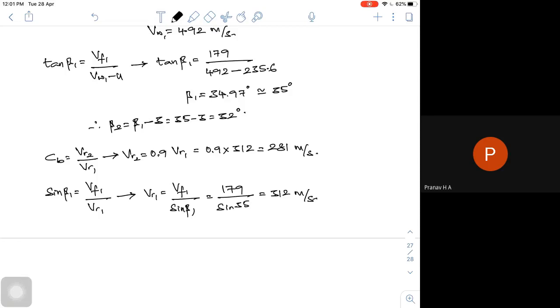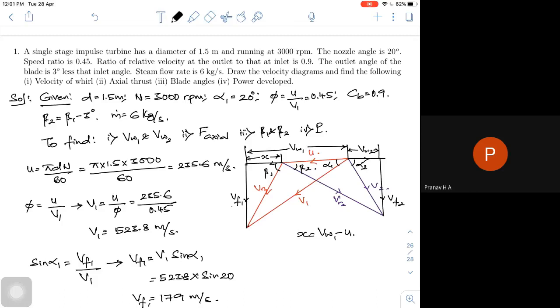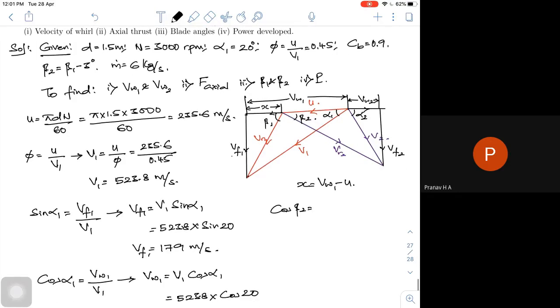Now, if I go to the outlet velocity triangle, what is my cos beta 2? Cos beta 2 is equal to, from this point to this point, that is u plus VW2, divided by your corresponding VR2.